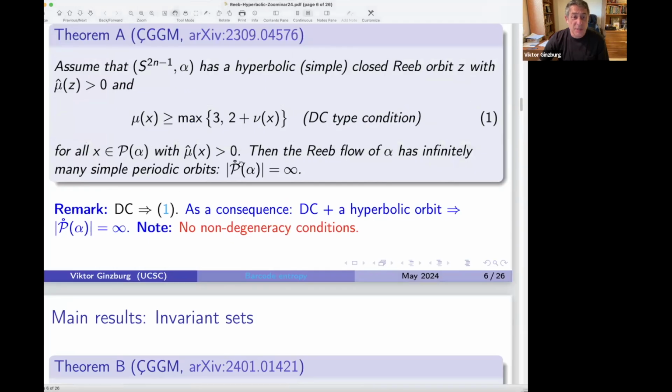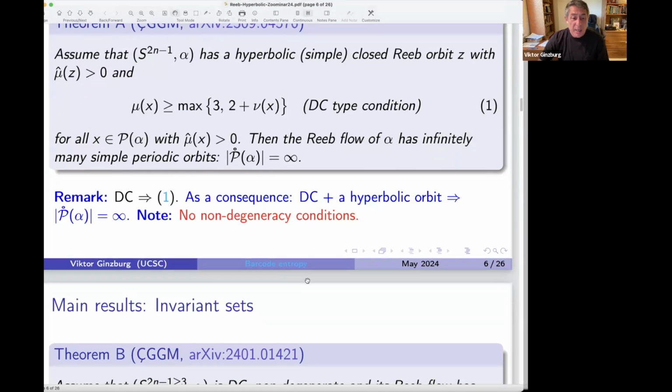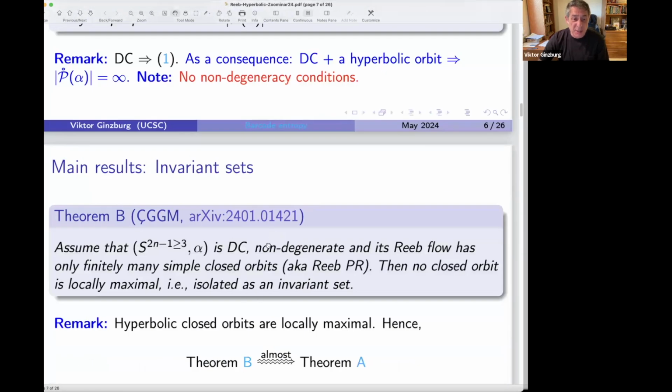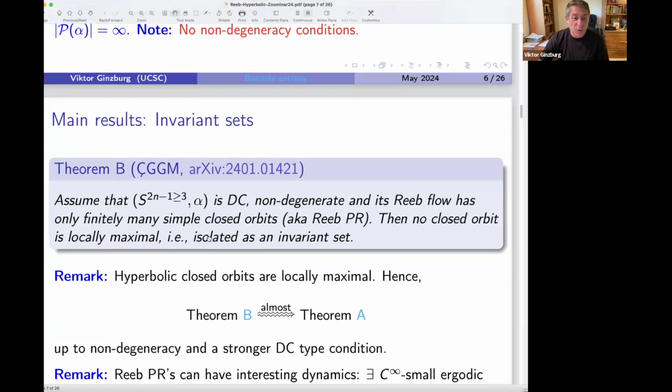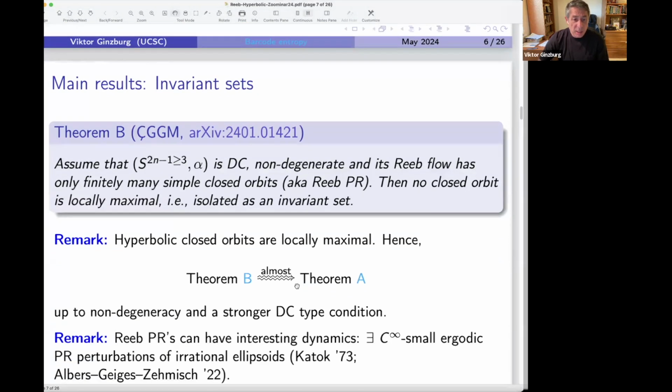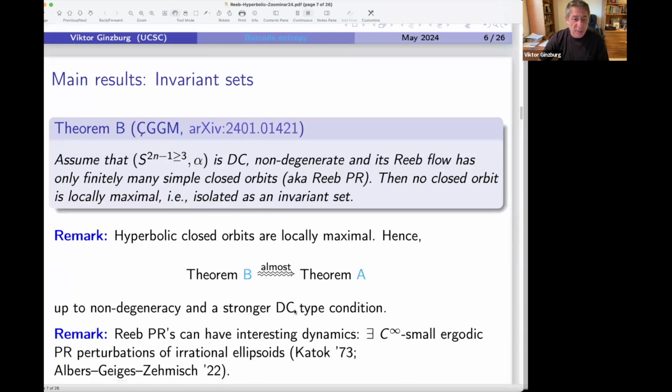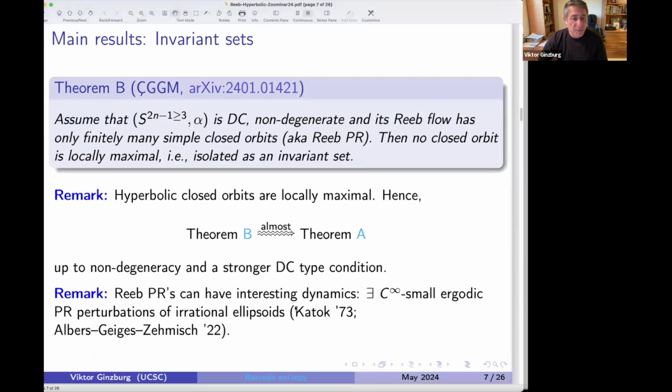So it becomes a statement exactly along the lines of the first theorem, except the conditions of the second theorem are much more restrictive. So the second theorem assumes less about the orbit, but more about the flow. So there is this implication, but it's not literally true.